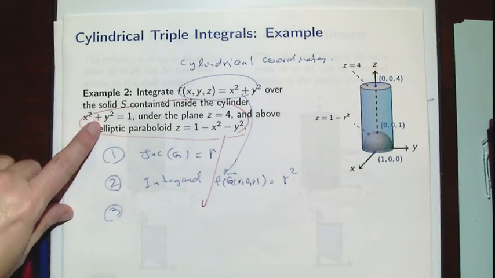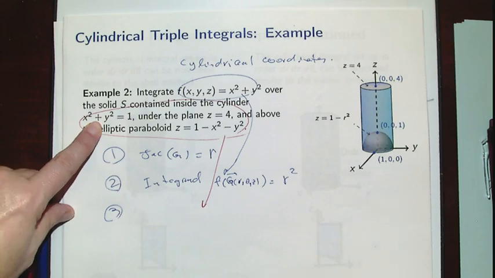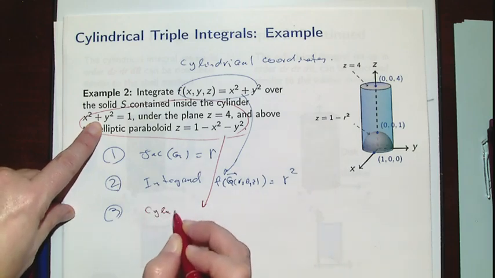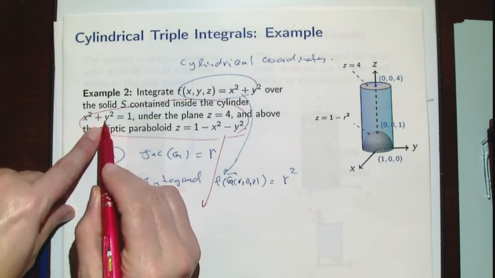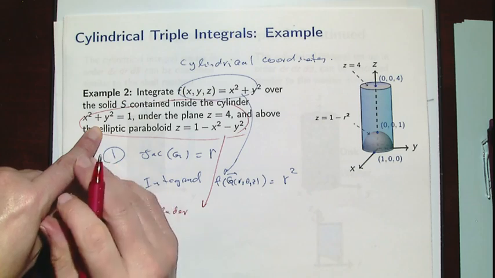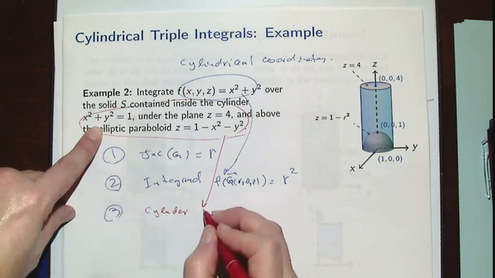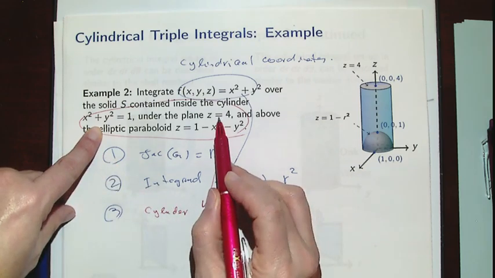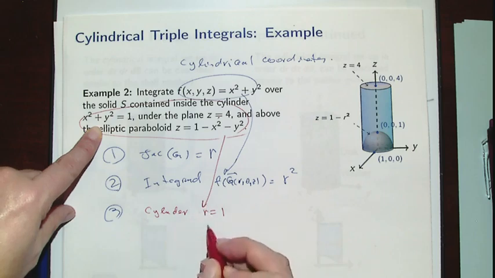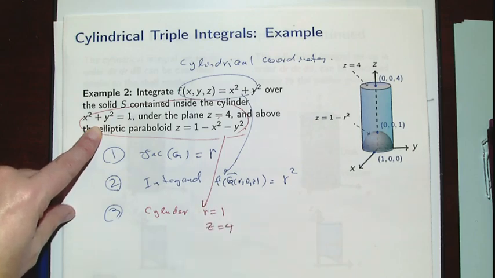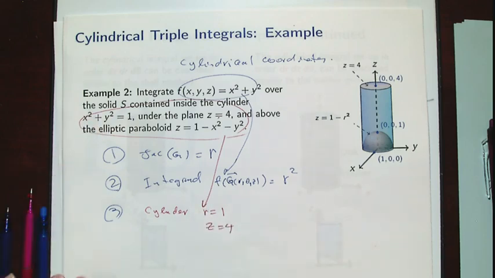How do I convert the cylinder? This would be r squared equal to 1 or r equal to 1. Now how do I convert z equal to 4? In cylindrical, it stays z equal to 4. How do I convert the paraboloid?